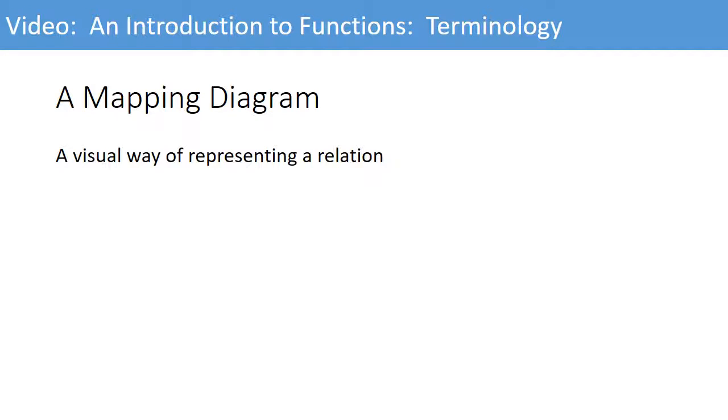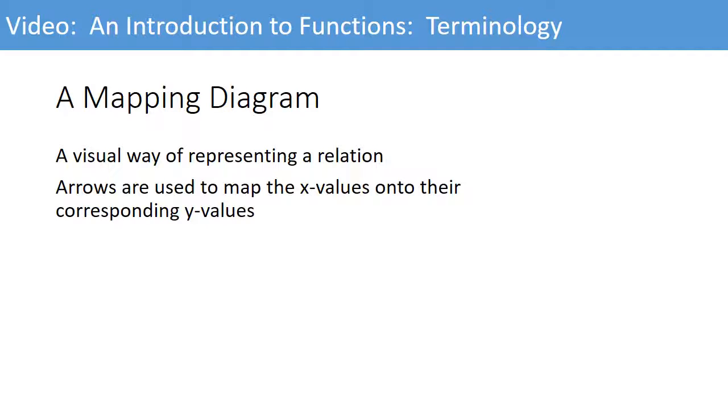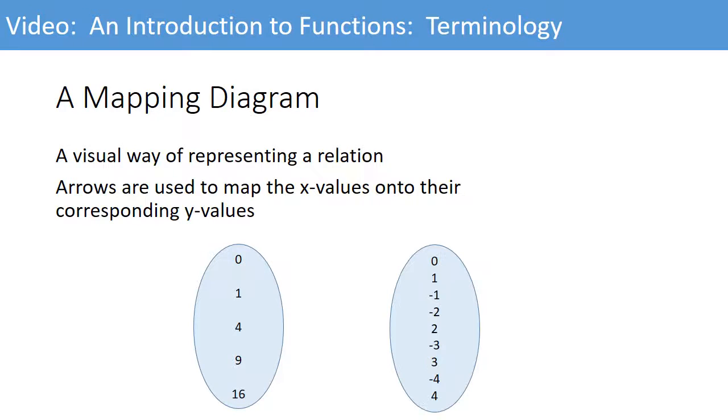Now, let's look at another example of how to visually represent a relation using a mapping diagram. We are still using the arrows to map the x values onto their corresponding y values. Here are my x values, and here are my y values.